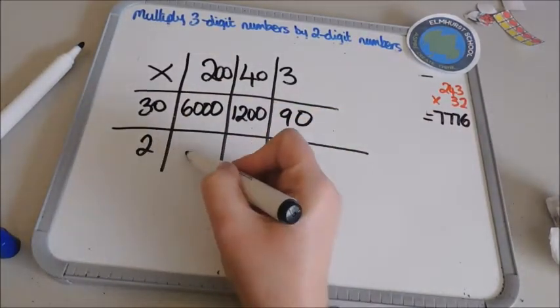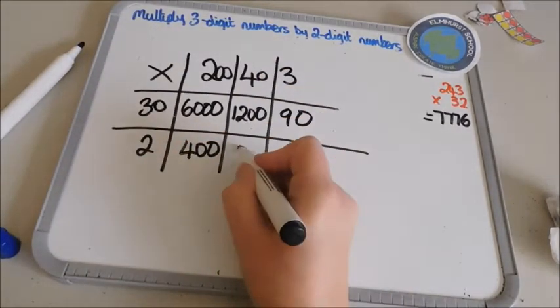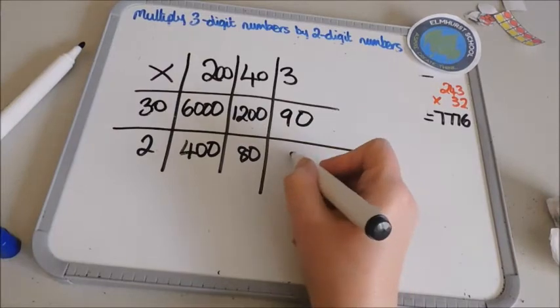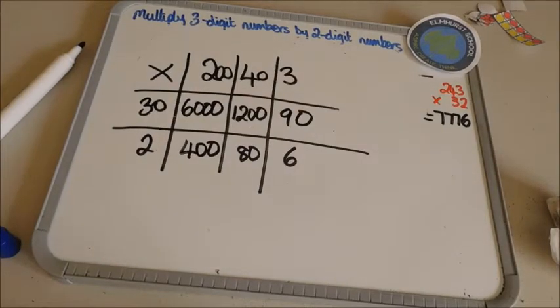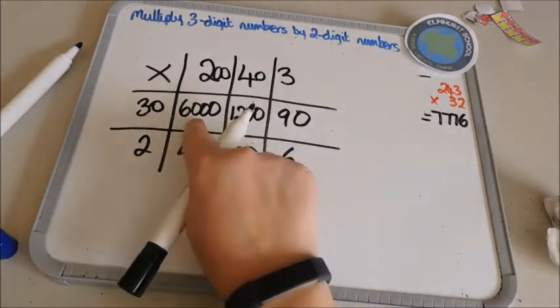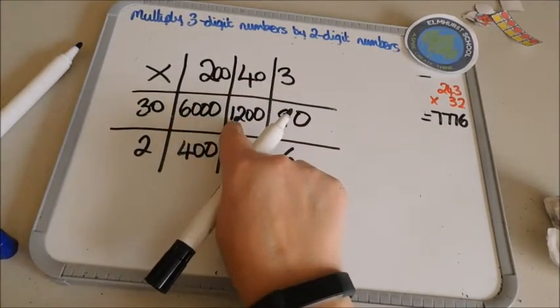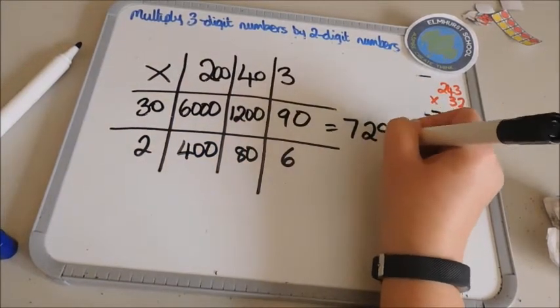2 lots of 200 is 400. 2 lots of 40 is 80. And then 2 lots of 3 are 6. Then we would just need to add up what we've got. In this row I have got 6,000, 7,290.